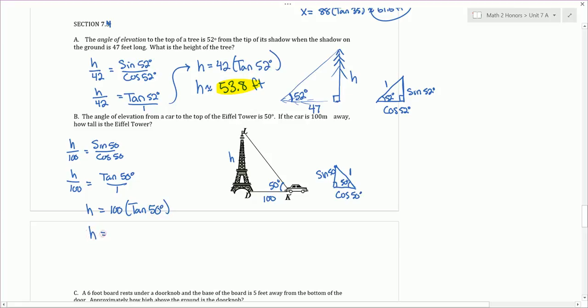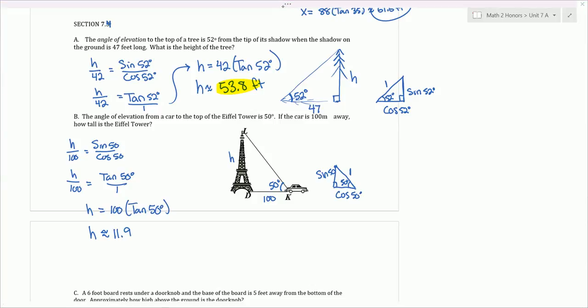So the height is, multiply this together, 100 times the tangent of 50 degrees, and we get approximately 11.9 meters.